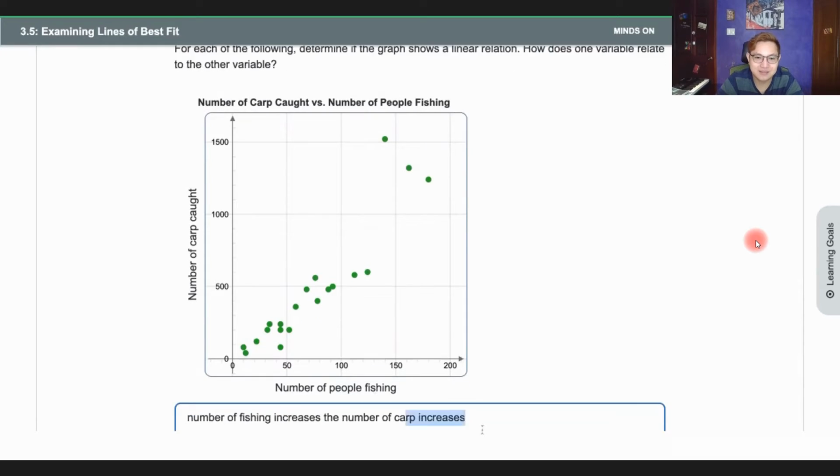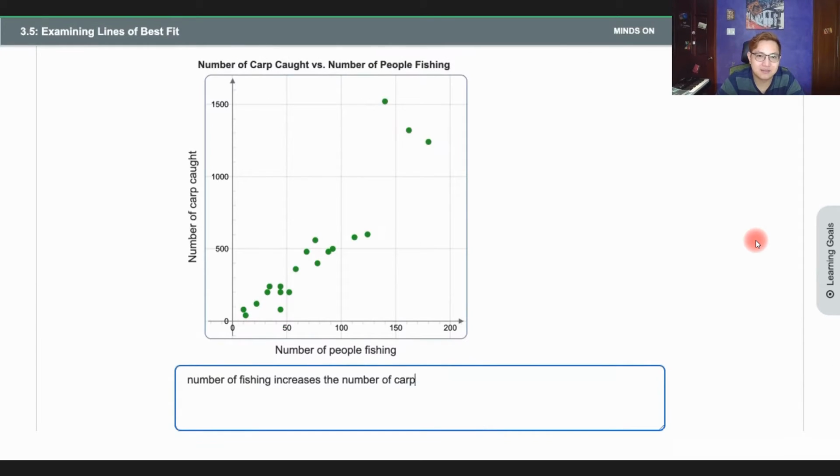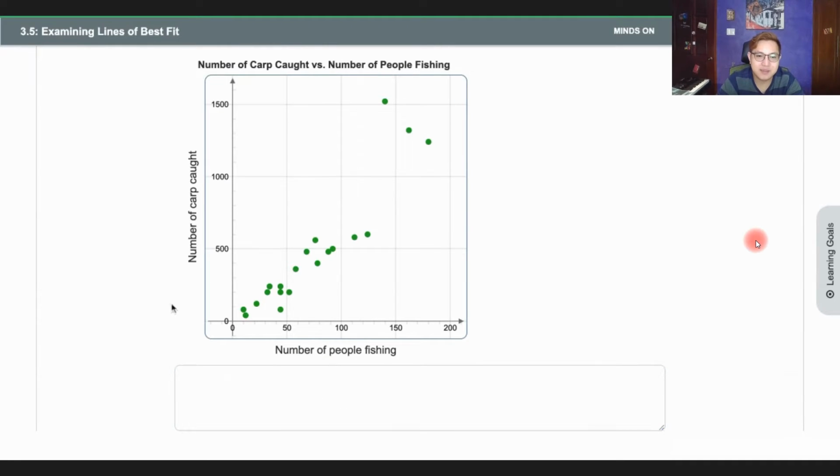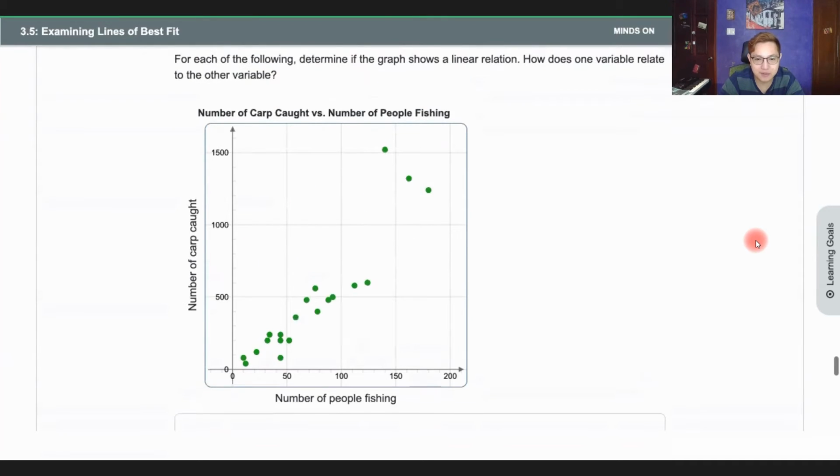It's weird. At first, from 0 to 130 people fishing, it follows a kind of relationship, it's going up.